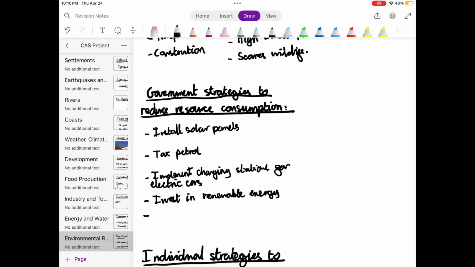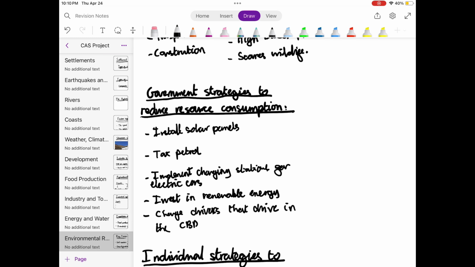And the last one, therefore, is to charge drivers that drive in the CBD.